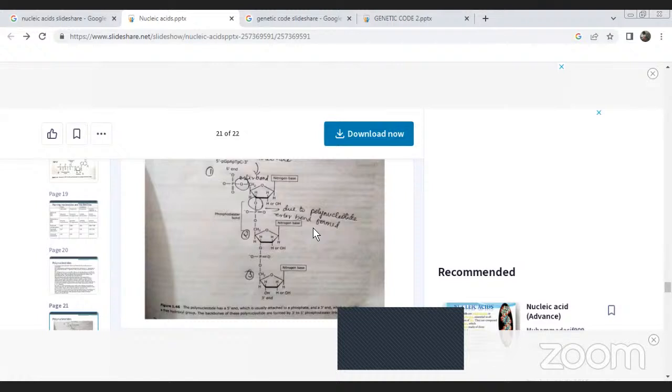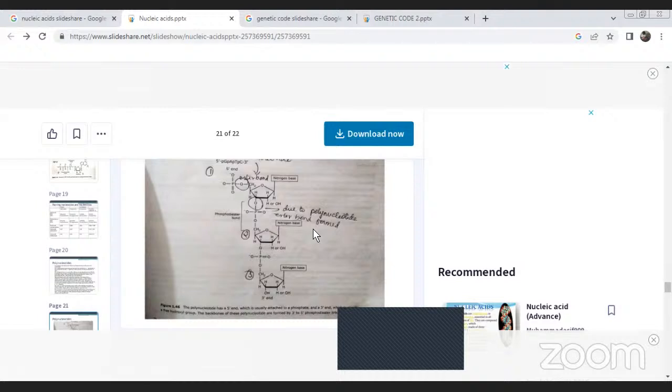Next, the coded information within the genome is used to control the synthesis of proteins. The sequence of the genome determines the sequence of amino acids in proteins.